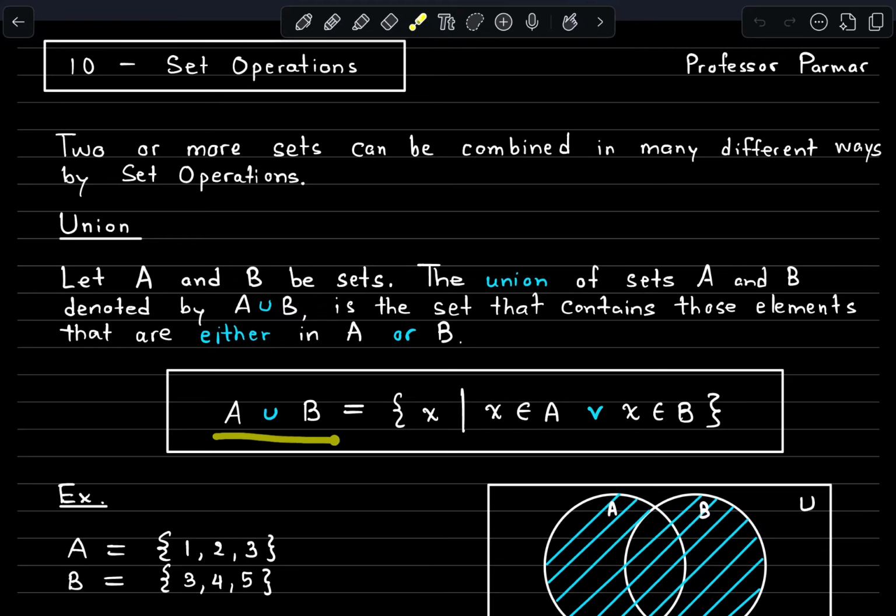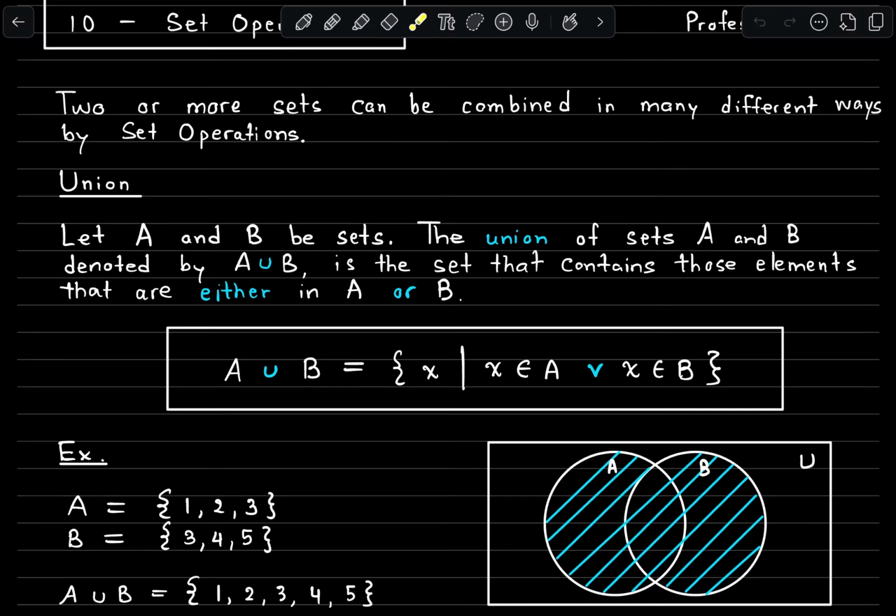Okay? And we can see in this definition here, A union B is, in set builder notation, the set of all x such that x is in A or x is in B. So the union is the set equivalent of our disjunction from logic.